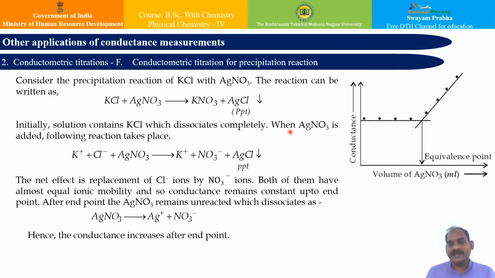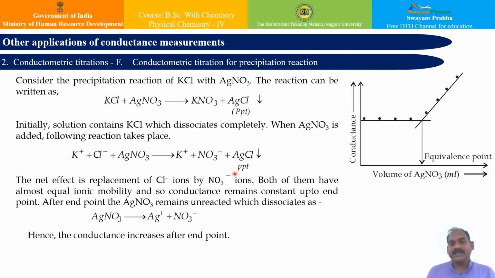Now when silver nitrate is added, the following reaction takes place: K plus and Cl minus react with the added silver nitrate. The K plus remains in solution, NO3 minus remains, and the silver ion combines with chloride ions to give you silver chloride.